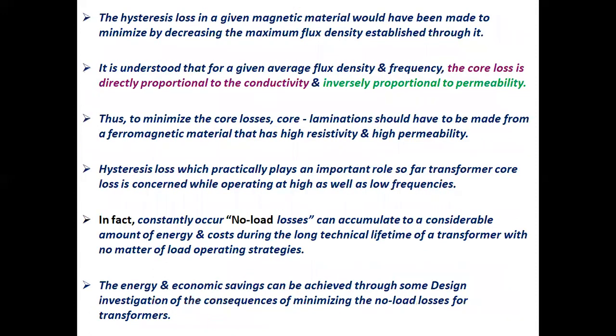The hysteresis loss in a given magnetic material can be minimized by decreasing the maximum flux density established through it. It is understood that for a given average flux density and frequency, the core loss is directly proportional to the conductivity and inversely proportional to the permeability.